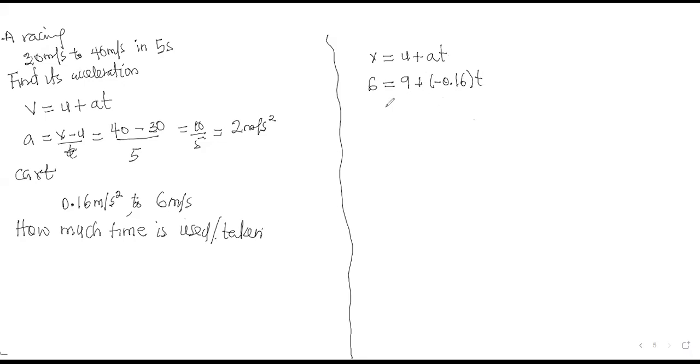Okay, so we have 6 minus 9, which is negative 3, is equal to negative 0.16 t. Therefore, t equals negative 3 divided by negative 0.16, and that should give us approximately 19 seconds, or your 18 point something. Please, is that clear?